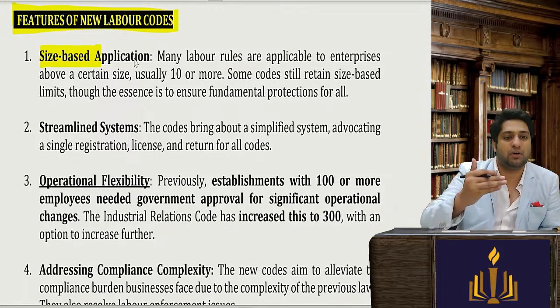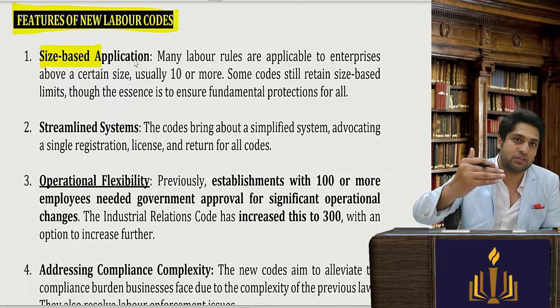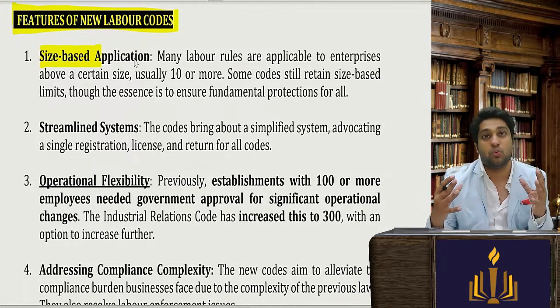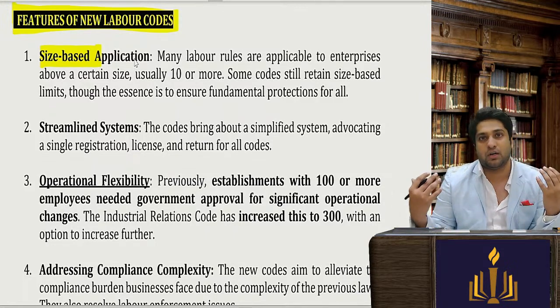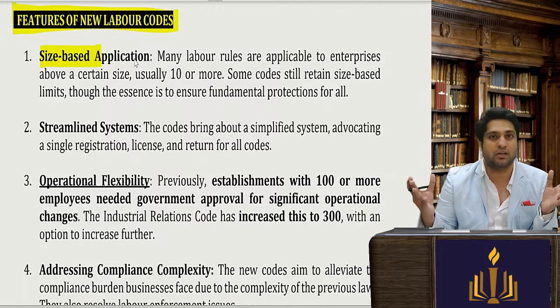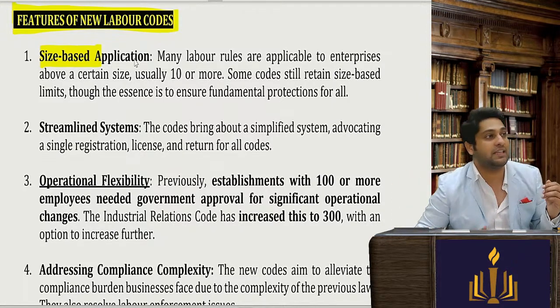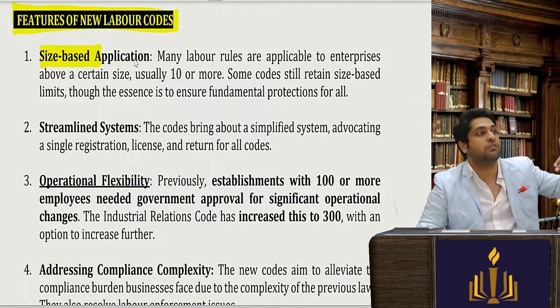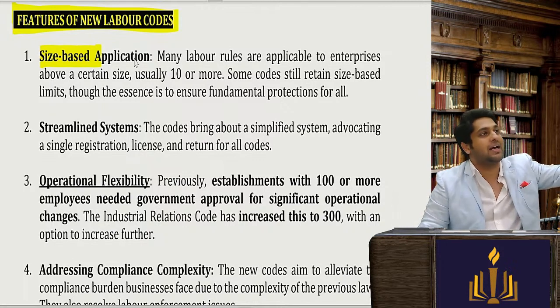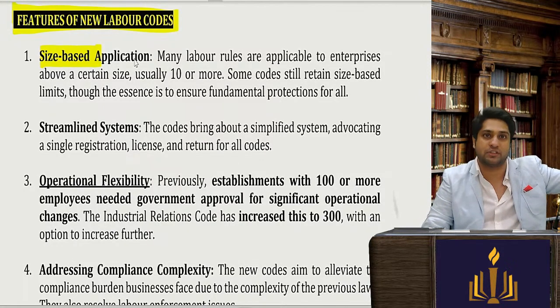They will tell that as your size increases, as your workforce and industrial presence increase, the number of labor laws that apply and the compliances will also increase. For example, if you have more than 500, then you have to appoint a safety officer. Then there is another threshold, welfare officer.